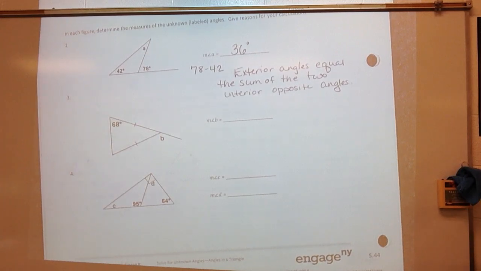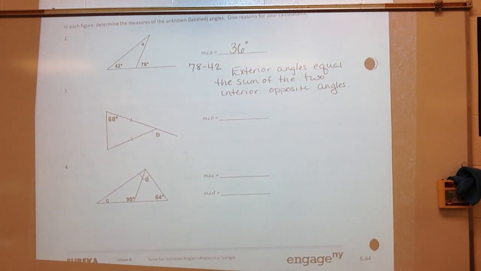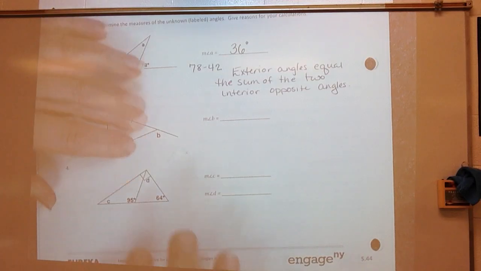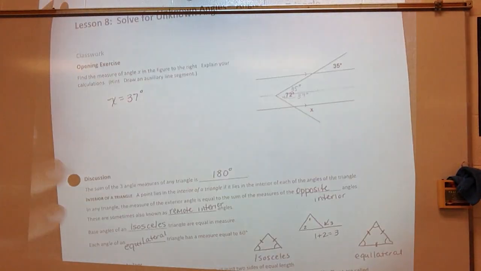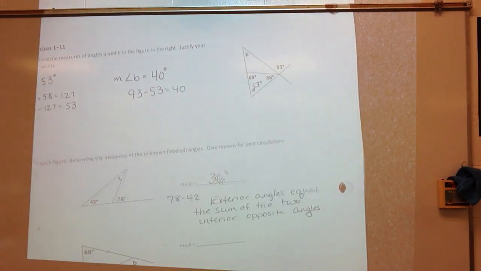Now let's look at this. Not always going to be just a one-step process here. Look at this. I have 2 marks here. Those marks tell me that those two sides are equal, which means this has to be an isosceles triangle. Go back to what we talked about in isosceles triangles. The base angles of an isosceles triangle are equal.